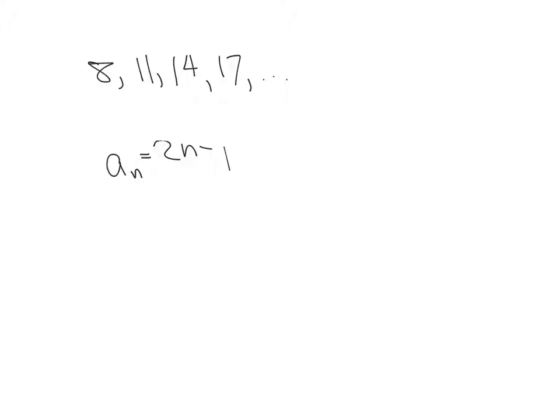Now what they want you to do is start out with the numbers and come up with the formula. Now you'll see this on the SAT and the ACT. They'll do things like this. Okay, so how do I get from 8 to 11, or 11 to 14, or 14 to 17? That's what we're looking for, how do I get to those next numbers. So let me just give you the formula.